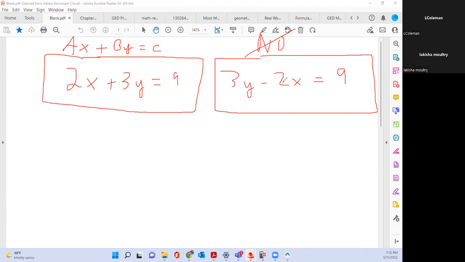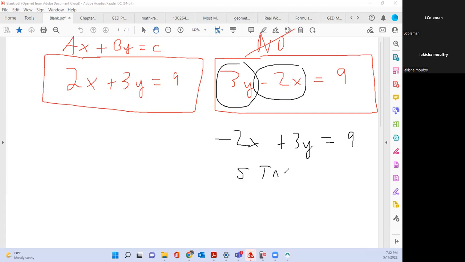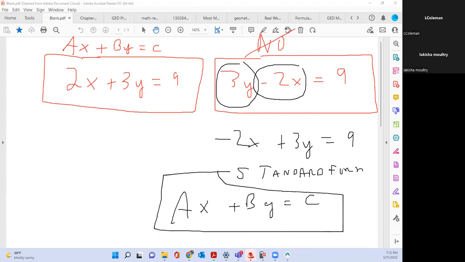Yes. I'm going to take this value first and put it first, minus 2x. Then I'm going to take this value and put it next, plus 3y. This one I'm going to remain the same. Now, this is standard form. AX plus BY equals C. That is standard form. Okay?